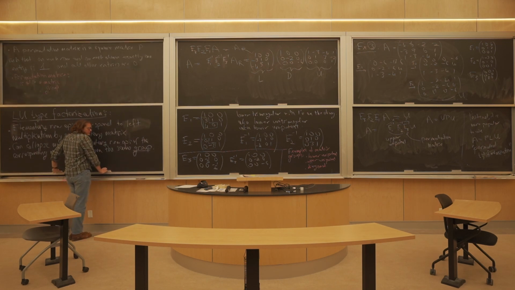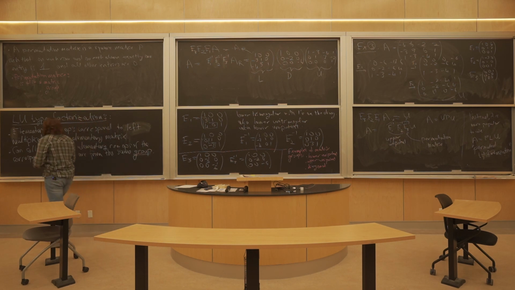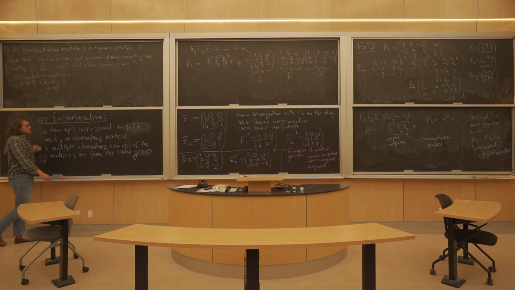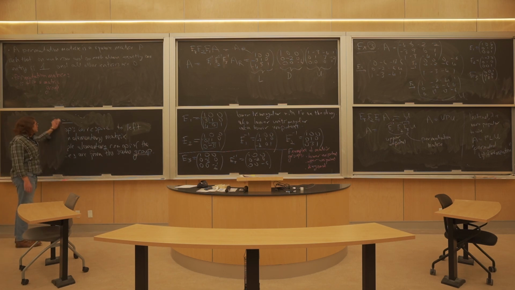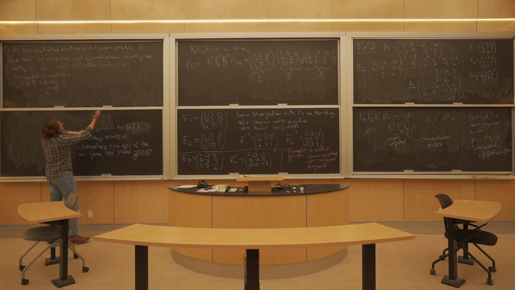Let's write down examples. So here's the question. How many permutation matrices are there if you're looking at n by n matrices? Because this is a very strict condition that we're using.